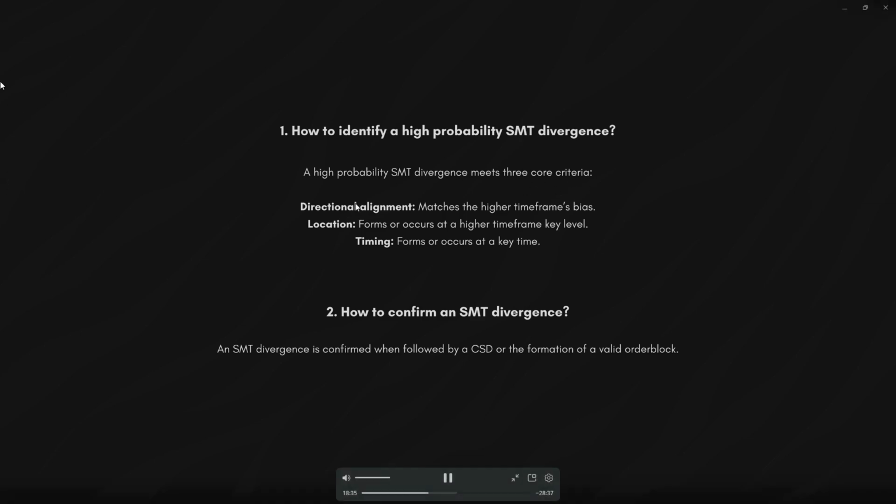A high probability SMT divergence meets the following three core criteria. First of all, it is always aligned with the higher time frame directional bias, meaning it matches the higher time frame drawn liquidity. Number two, it forms or occurs at a higher time frame key level.